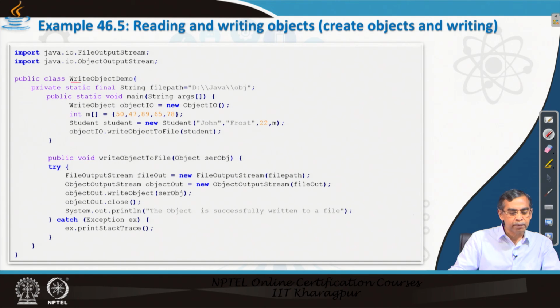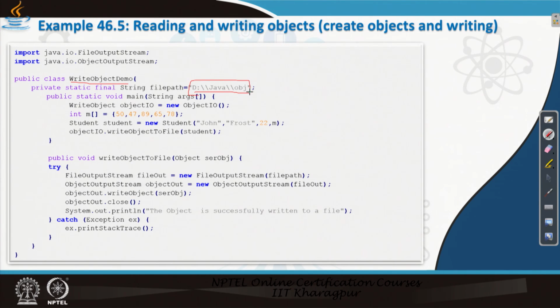The name of the program is write object demonstration. Here we consider the name of the file where the data will be stored. So d:\java that object is the name of the file where we want to store the data. You can give a name of your own, maybe a simple name, so that the file is in the current directory. Then we start the main method.